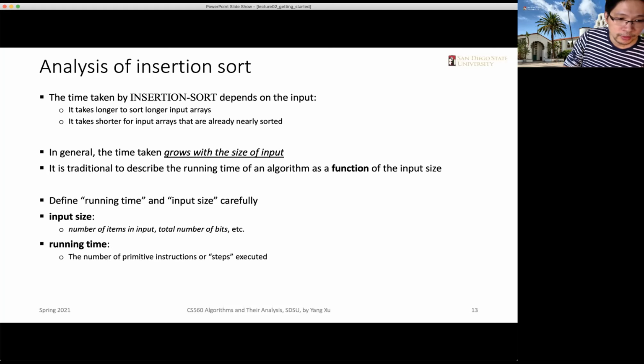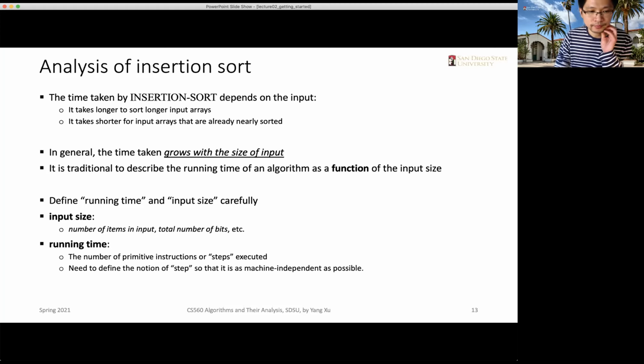We will use the number of primitive instructions or steps executed within the algorithm. The notion of a step is a machine-independent concept. It has nothing to do with how fast a computer runs.